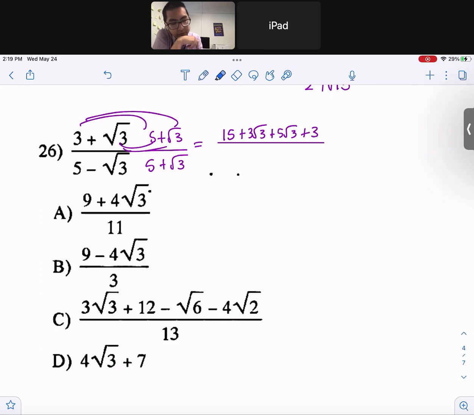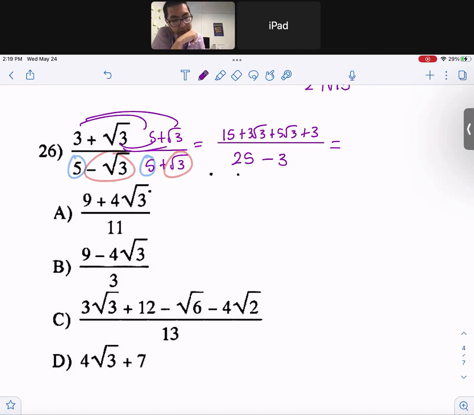Now on the bottom, remember when you multiply by the conjugates, you only care about the first two and the last two. 5 times 5 is 25. A negative times a positive is a negative, and rad 3 times itself is -3.